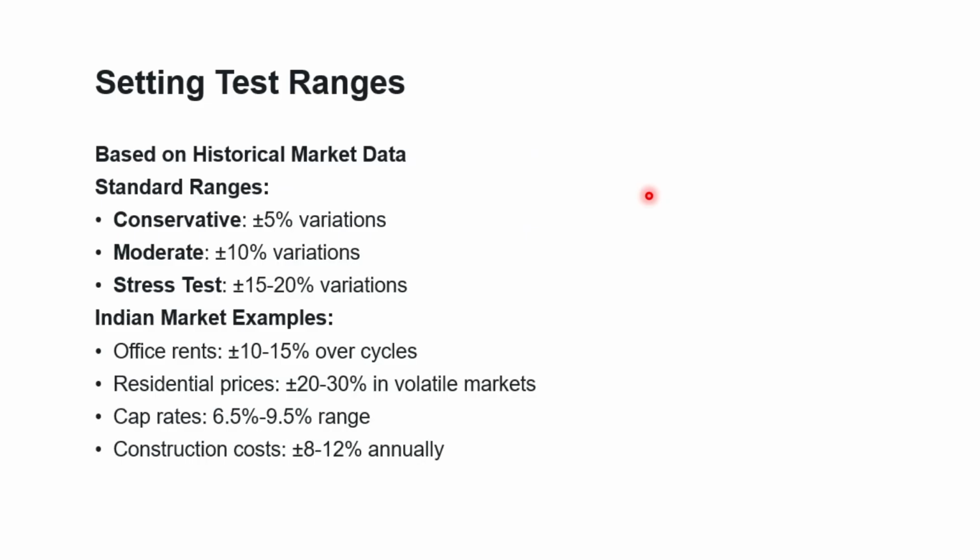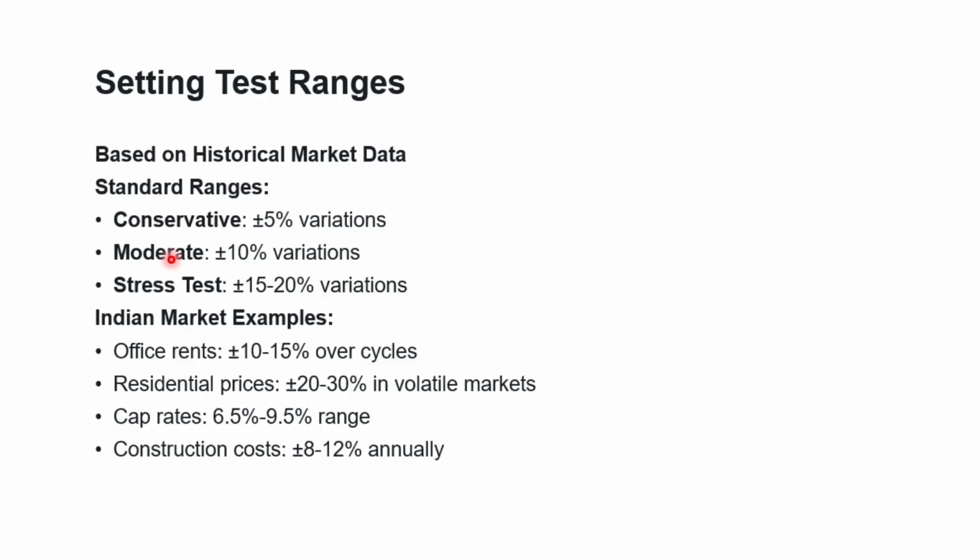Then we move to setting test ranges based on historical market data. We have standard ranges. Conservative, which is plus or minus 5%, works for stable markets and established properties.